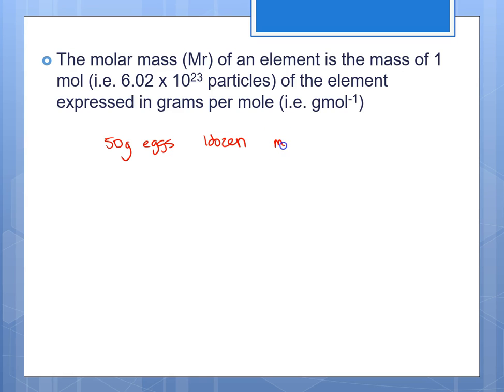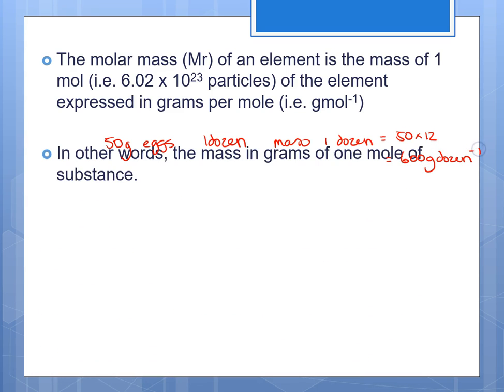The mass of 1 dozen would be equal to 50 times 12, which would be equal to 600 grams per dozen. We could write it like that. But we're actually talking about moles. So what we're looking at now is the mass in grams of 1 mole of substance.